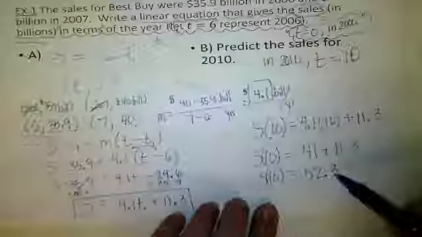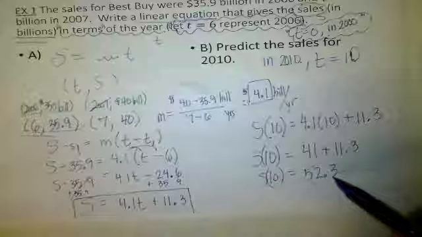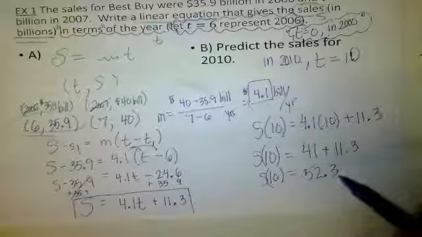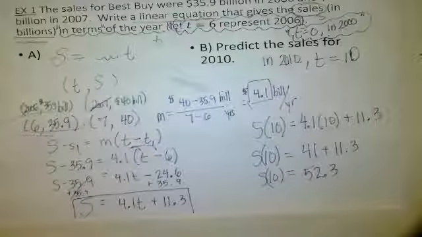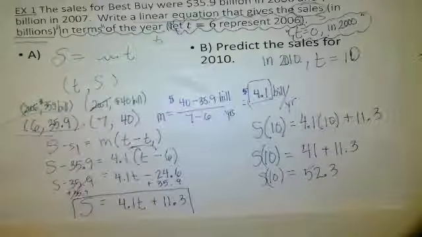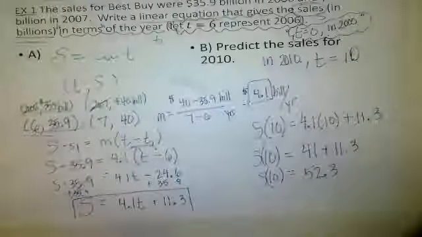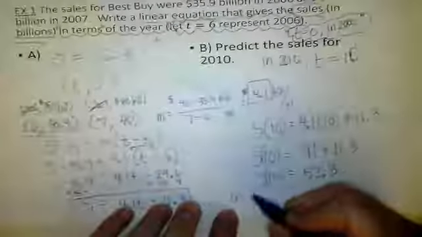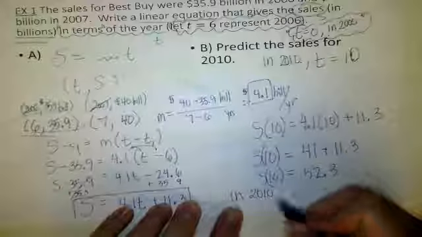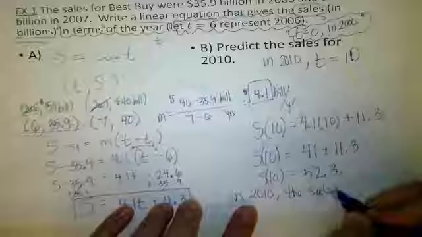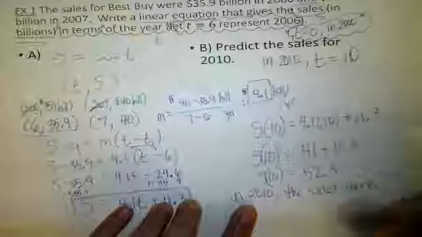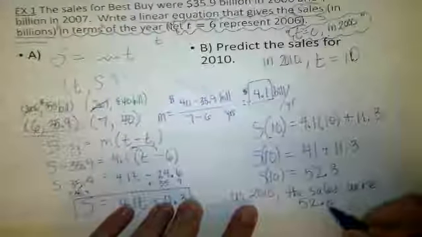So after 10 years, or in the year 2010, well, what? They sold $52.30 worth of? Is it 52 bucks? No. Okay. So in 2010, the sales were 52.3 what?